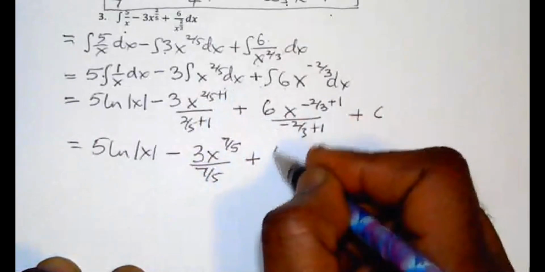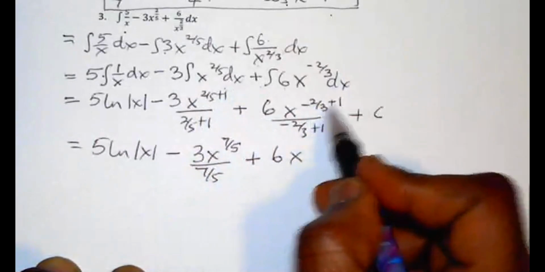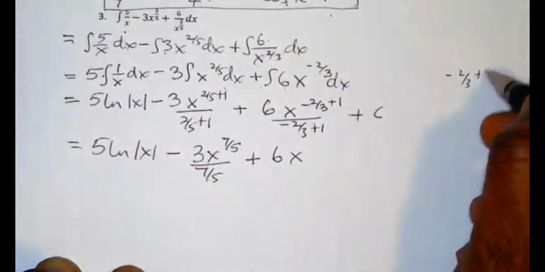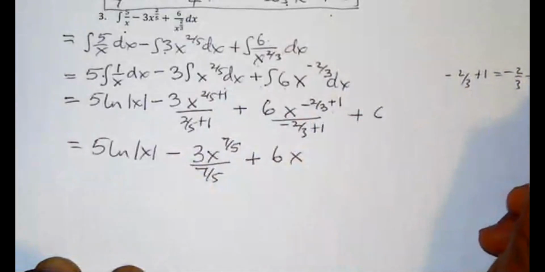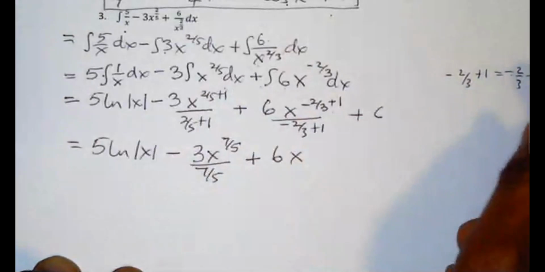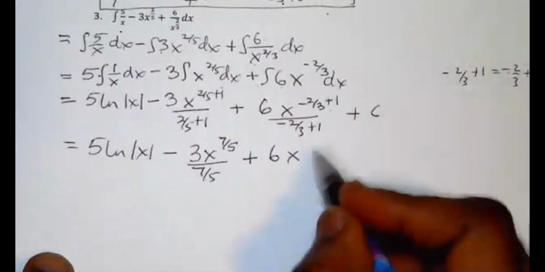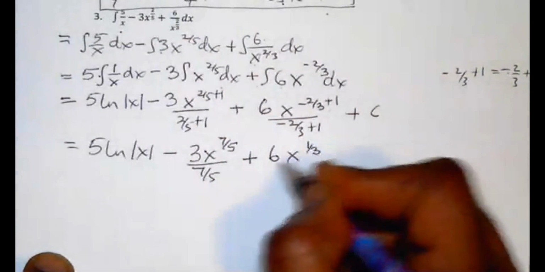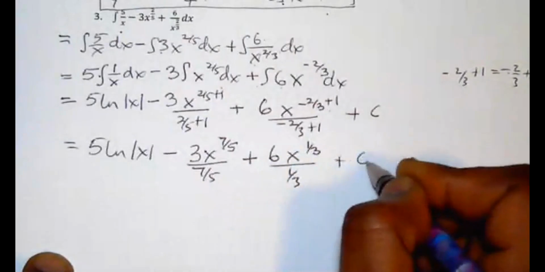Plus, this is 6 x raised to the power negative 2 over 3 plus 1. So negative 2 over 3 plus 1 is the same as negative 2 over 3 with LCD 3, so it's 3 over 3. So negative 2 plus 3 gives us 1 over 3, over the sum, which is 1 over 3, plus c.